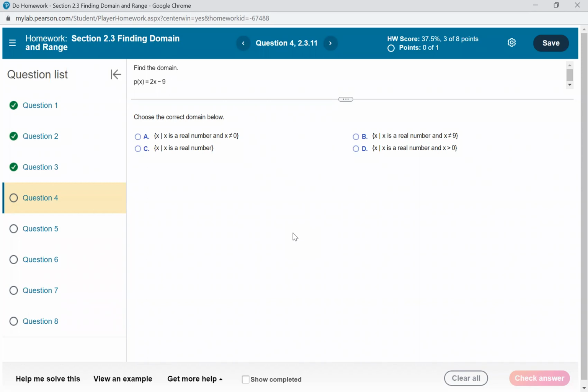So y'all are going with C. Yeah, because guess what? There's no fraction there. So since there's no fraction, there's no way to make this undefined. And since there's no way to make it undefined, all real numbers work.